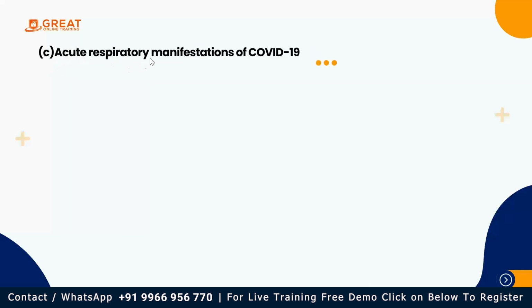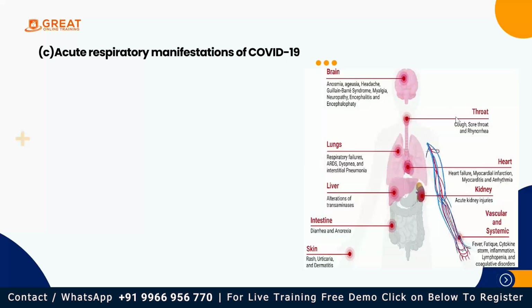Guideline, acute respiratory manifestations of COVID-19. So these are a few manifestations of COVID-19. In case of the brain: anosmia, headache, Guillain-Barré syndrome, myalgia, neuropathy, encephalitis, encephalopathy. In case of the throat: cough, sore throat, and rhinorrhea.